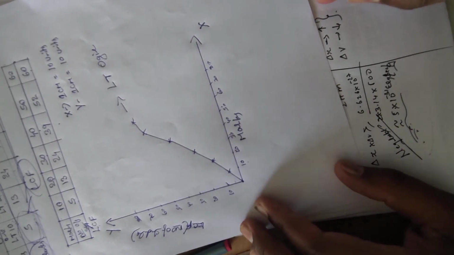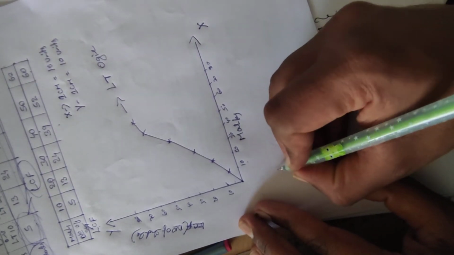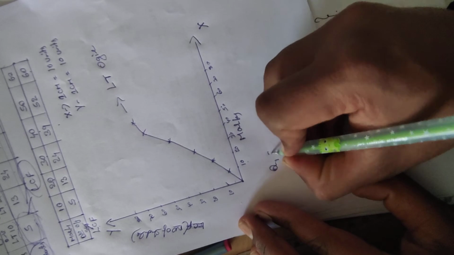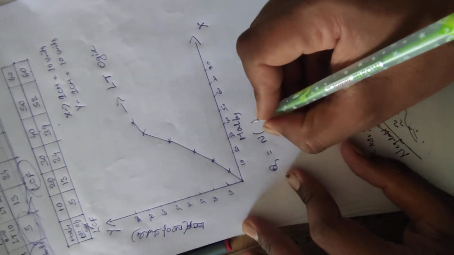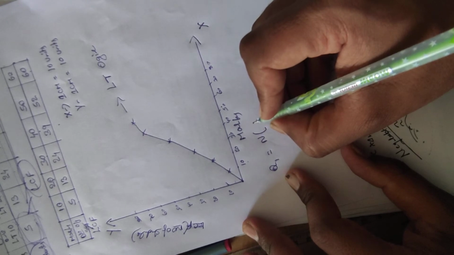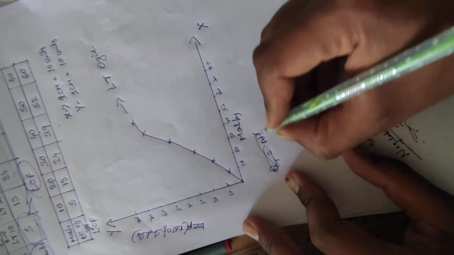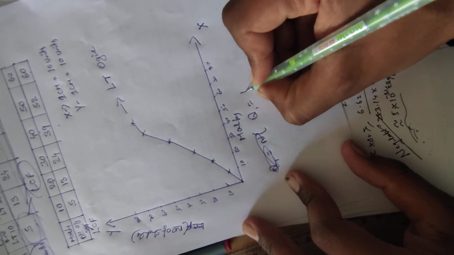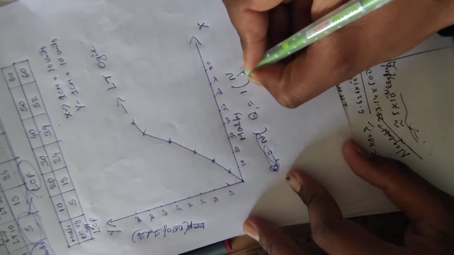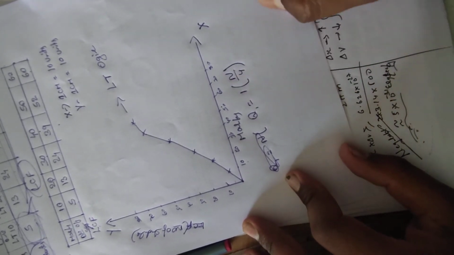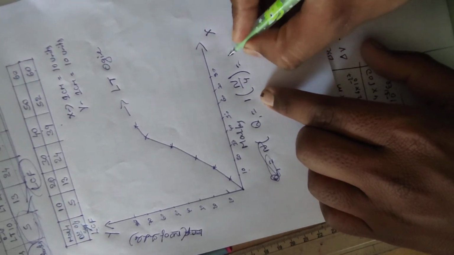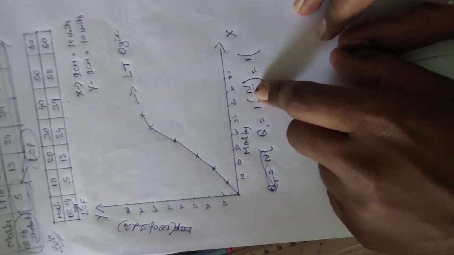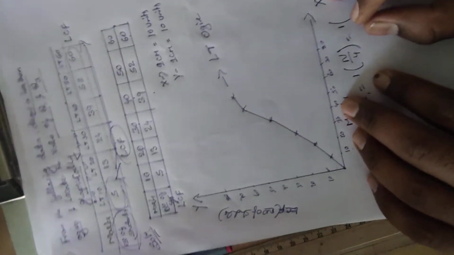There is a formula for quartile 1 and quartile 3. If you want to identify quartile 1, we have to apply one formula. The quartile 1 formula is 1 n by 4. Here n means the frequency total.